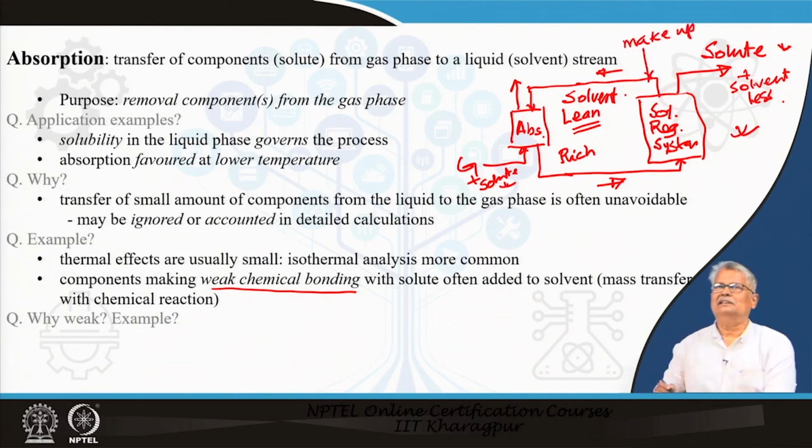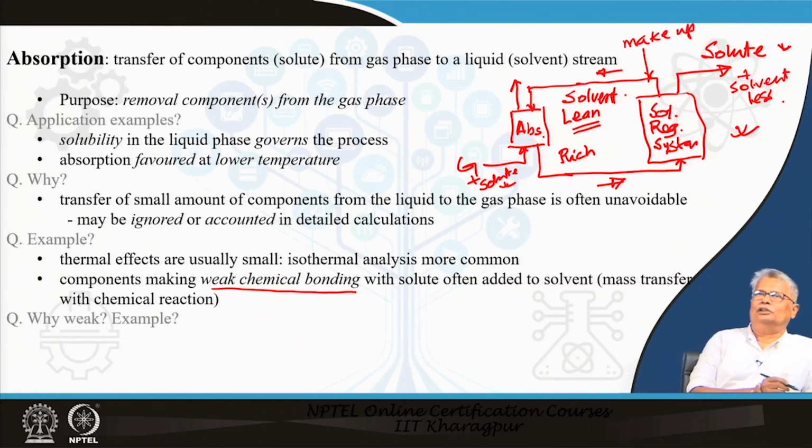It has to be added in order to make up for the solvent loss. Not only do you have a physical loss of the solvent along with the gas stream during regeneration, you also have degradation of the solvent as the process goes on, and naturally with time you expect that you will require a makeup either in the continuous form or in batches.